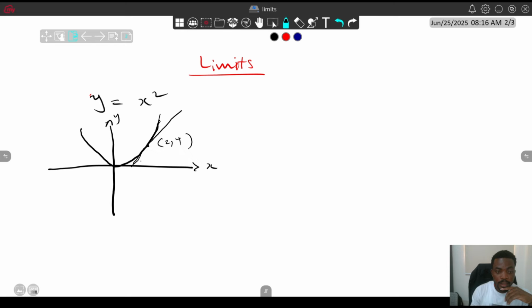But we can simply take a point close to our chosen point on the curve and say m is equal to x squared minus 4 over x minus 2.